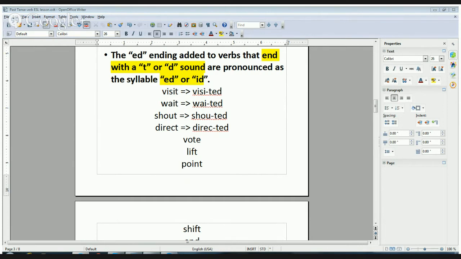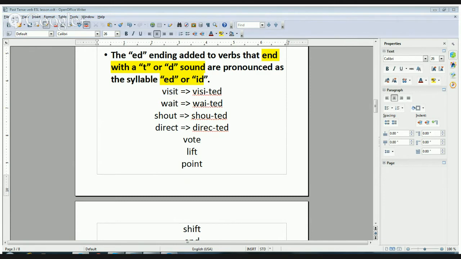The verb visit. It ends with a T sound. So the way that I pronounce that is visited. Look how I've broken up the word. Visited. All right, wait. Again, it ends with a T sound.